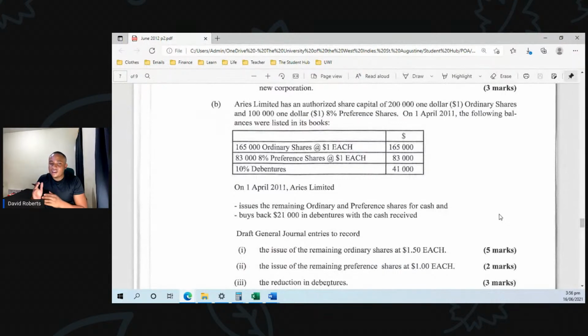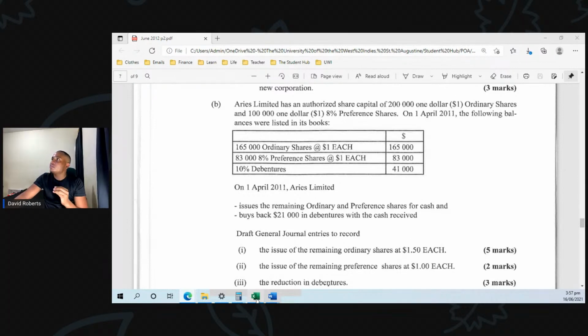So we're looking for the par value of the shares and the share premium. Par value is based on the number of shares that are issued, at the price at the point of authorization. For the draft of the general journal entries to record the issue of the remaining ordinary shares, issued at $1.50, the par value would be $1.